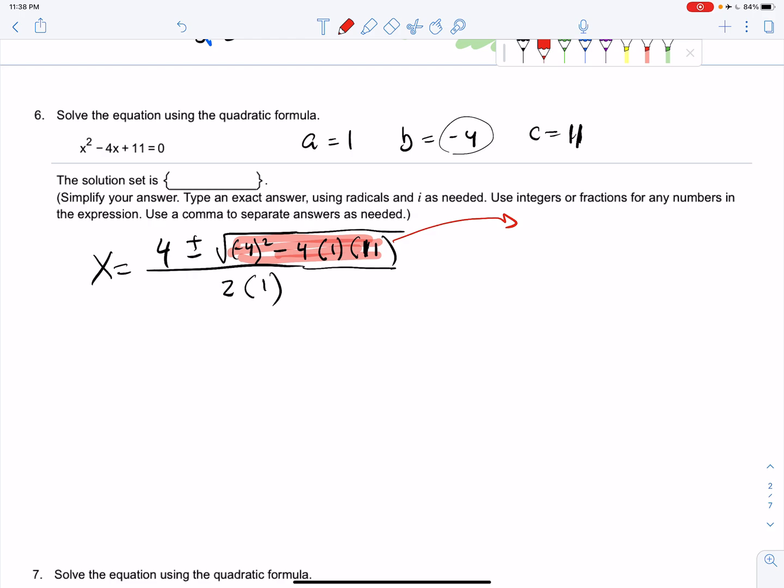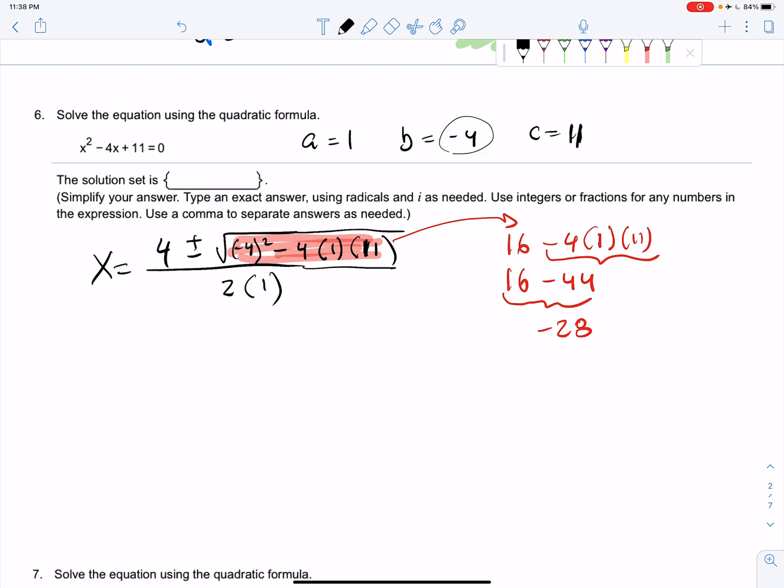And so you'll be used to that by me doing this every single time. -4 squared is 16, minus 4 times 1 times 11. Okay, this is number 6. So we've got 16, and -4 times 1 times 11 is -44. And so now 16 minus 44 is -28.